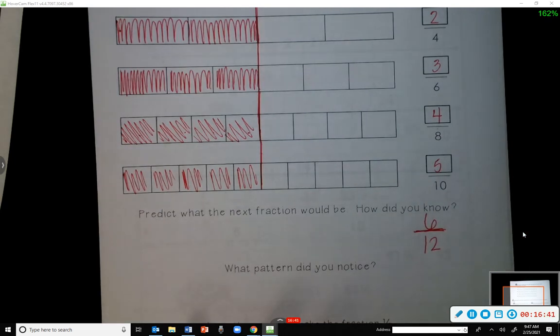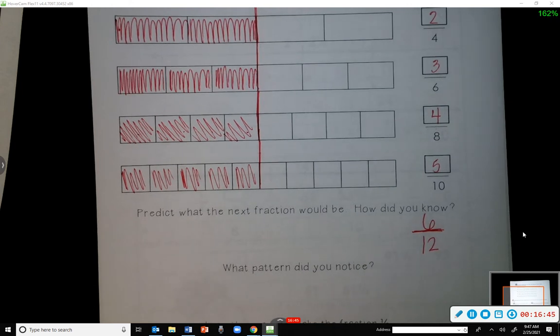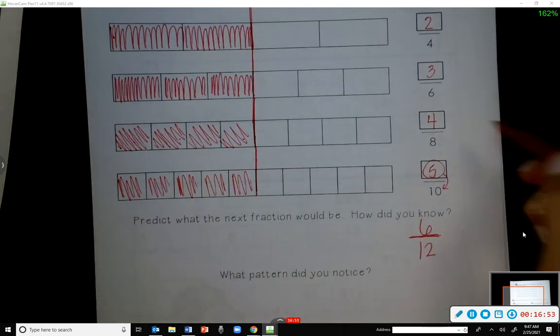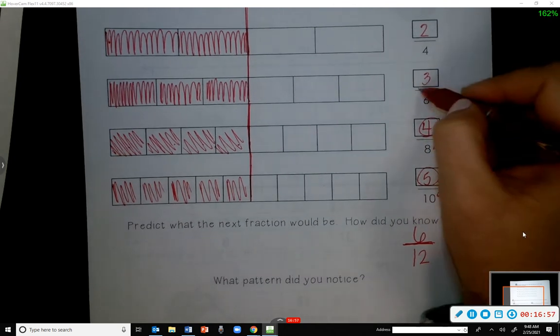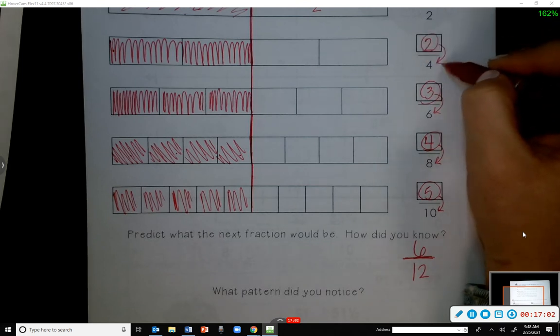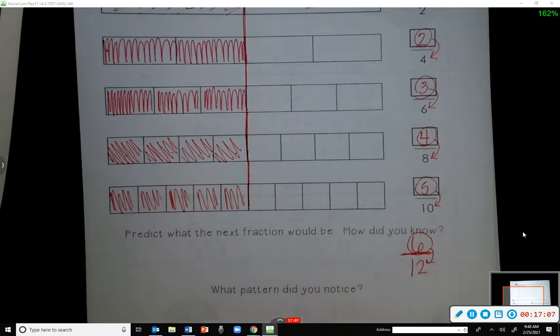Because half of 12 is 6. Good. So we've noticed that 5 is half of 10. 4 is half of 8. 3 is half of 6. 2 is half of 4. And 6 is half of 12. Okay?